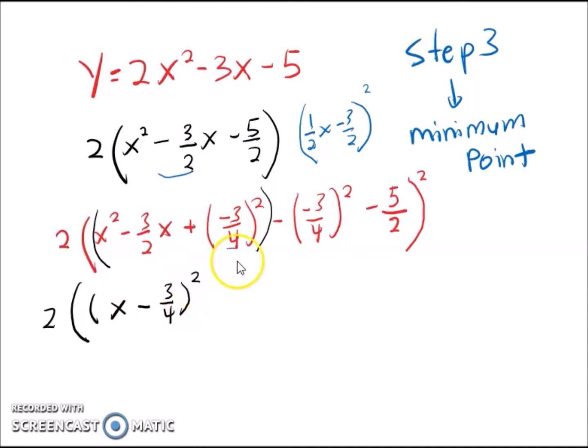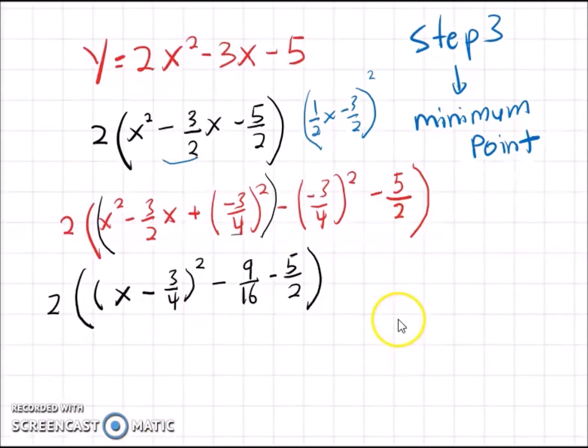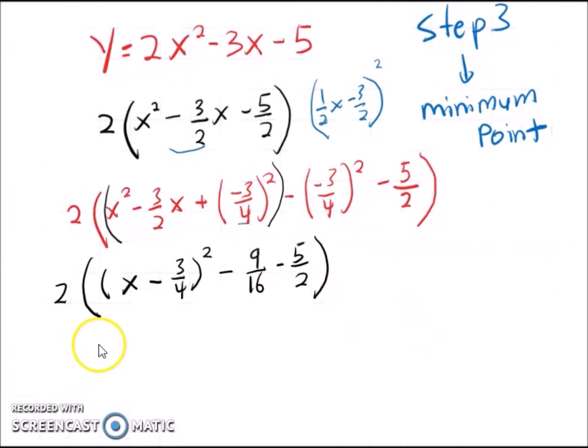Then we square here. And then we can continue with the rest, which is minus 9 over 16 and 5 over 2. Put another bracket. There shouldn't be a 2 here. Now when we simplify this, we are getting that 2 x.